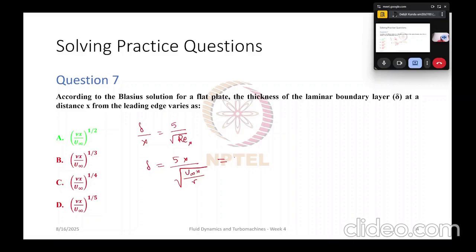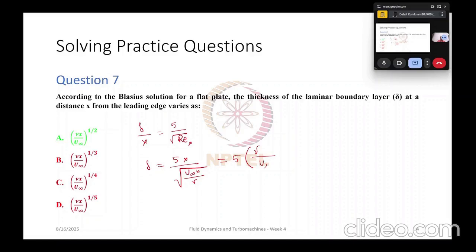So if we simplify this, 5 remains as it is. We have nu power half coming up in the top.